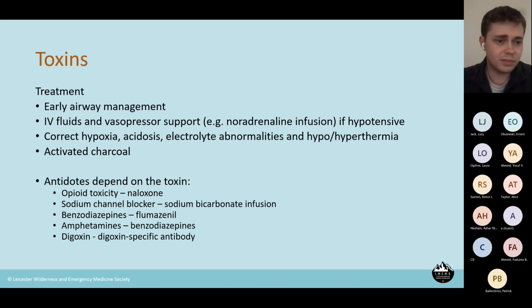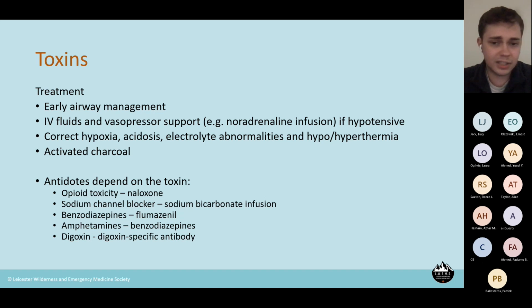Hypotension in toxic causes usually responds quite well to IV fluids and vasopressors, so things like noradrenaline infusion if it's required. Try and correct any other abnormalities you come across in your A-to-E assessment: hypoxia, acidosis, electrolyte derangement.